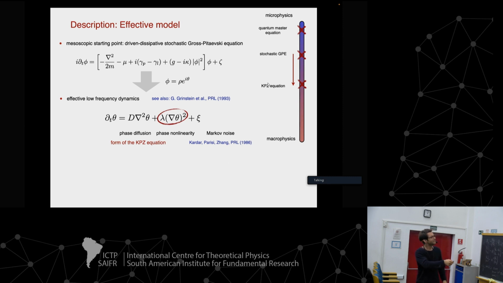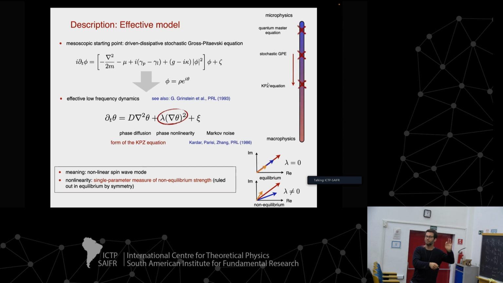This equation pops up here, and this is a very famous equation, the so-called Kardar-Parisi-Zhang equation. I will tell you something about that. The linear term describes the diffusion of this phase, and then there is this phase nonlinearity here. There's also some noise in this problem.